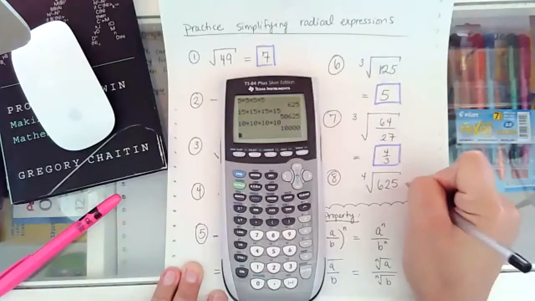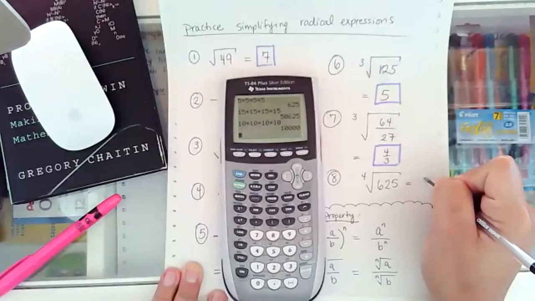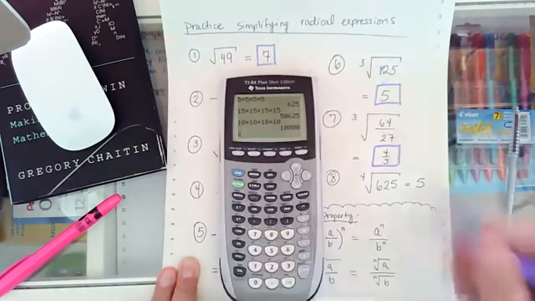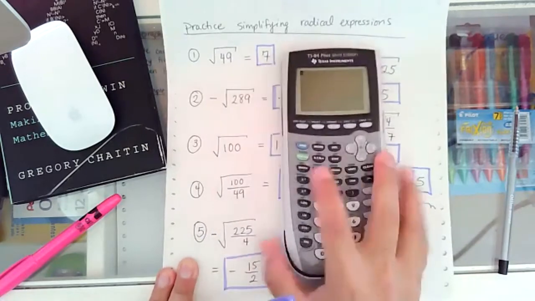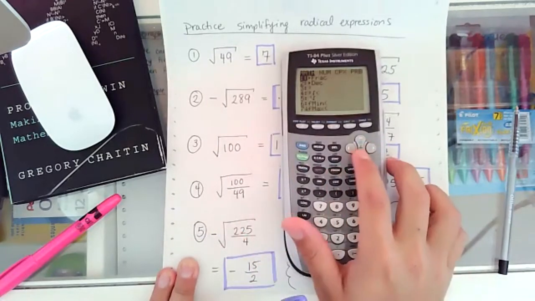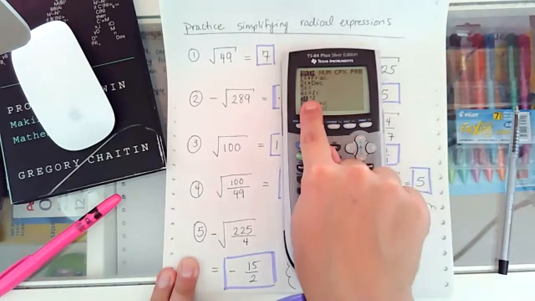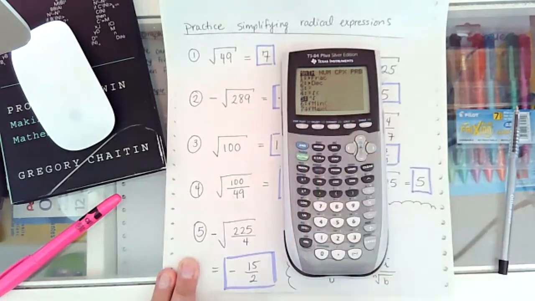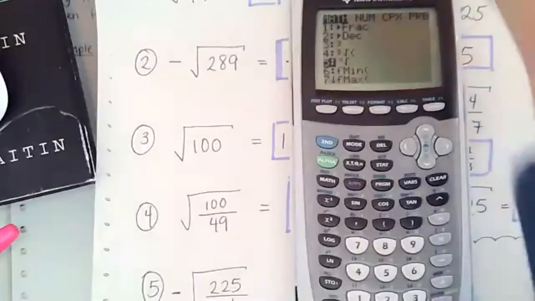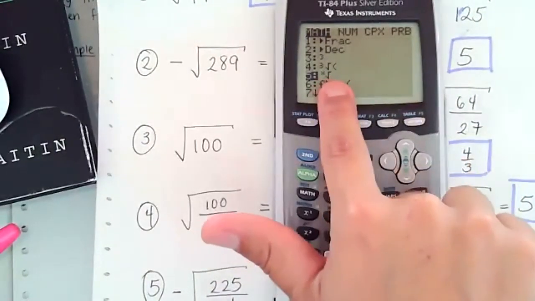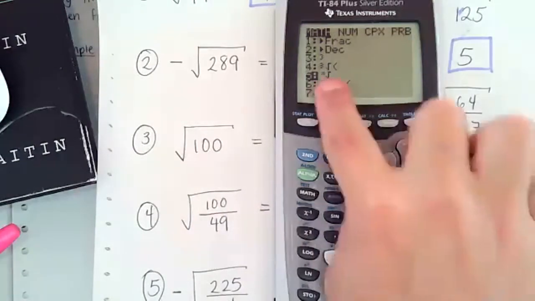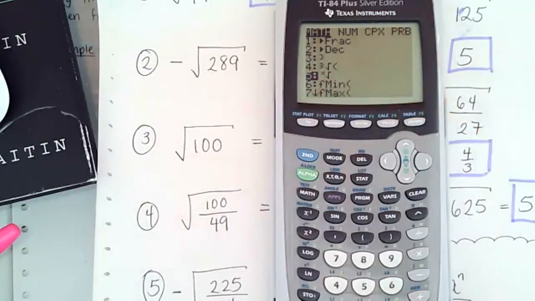In any case, there's a way to do this in the calculator as well. In the math option, you'll see this thing that says x root. It's number 5. Let me go ahead and zoom in. There's a little x or a little star next to the root. If there's a letter n next to it, I think it should be the same.